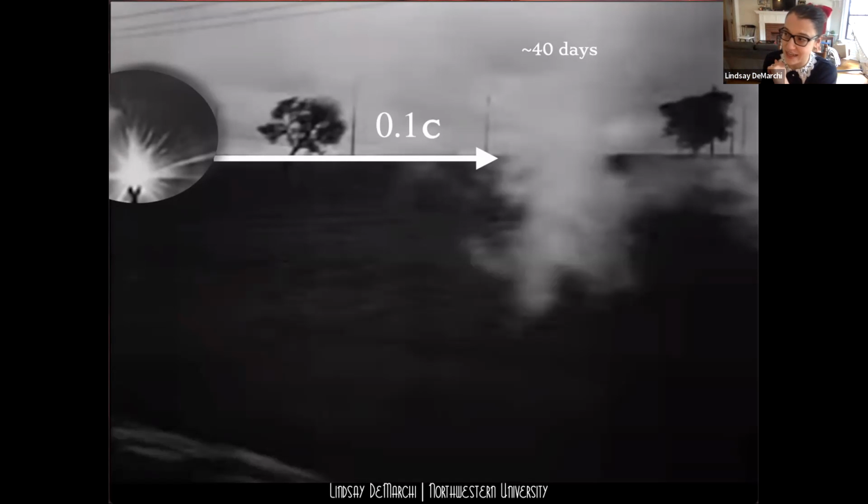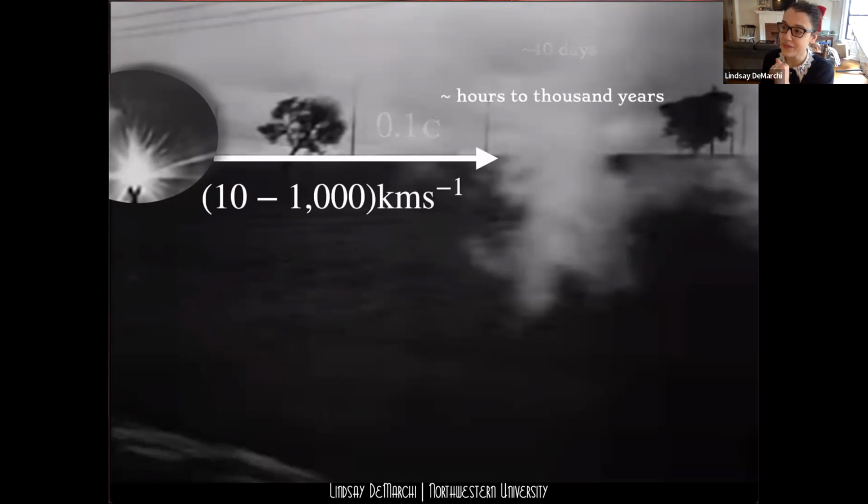When it does that, it encounters material that has actually been lost somewhere between hours to thousands of years before the star exploded. If this blast wave is traveling really fast, and this material was lost at somewhere between 10 to 1,000 kilometers per second, that means you're looking back at somewhere between hours to thousands of years before the star exploded. So in a way, this radio shockwave is a probe of the final moments of a star's life.